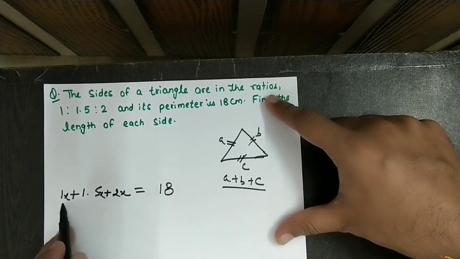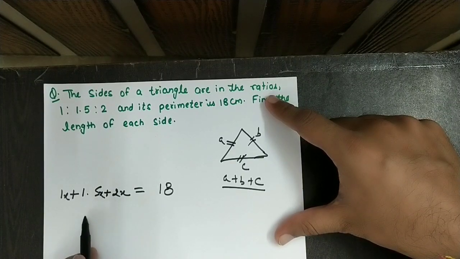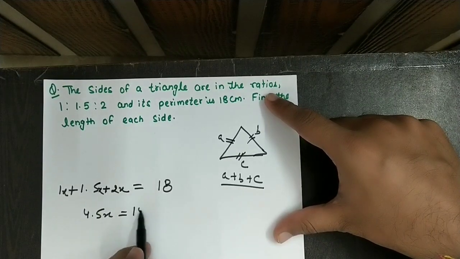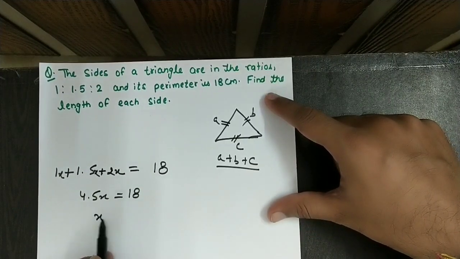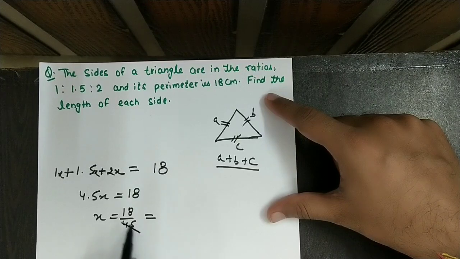So, the sum of these three, 1 plus 2 is 3 plus 1.5 means 4.5x equal to 18, and x equals 18 divided by 4.5. If we divide this, the answer should be 4.